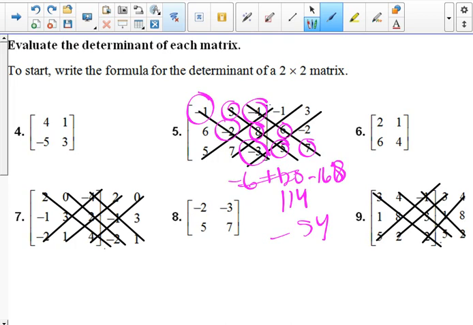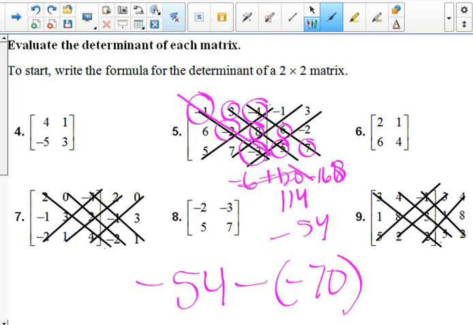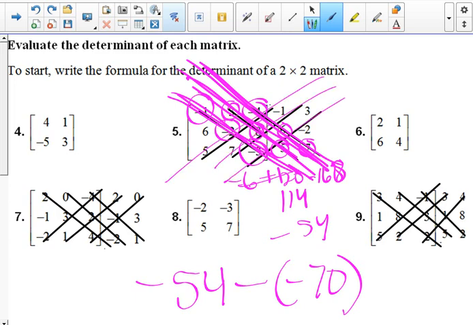So we end up with negative 54 minus negative 70. Remember, the backslash diagonals always go first. Those products added together, minus these products added together is your determinant.